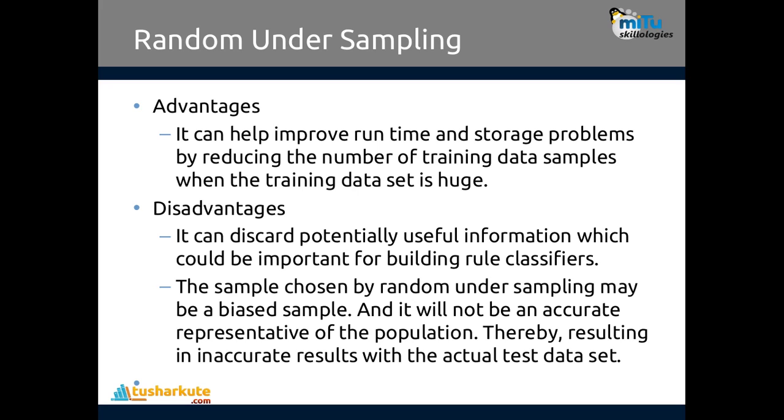Because we select randomly, random selection can cause a drastic loss of data also. The sample chosen by random undersampling may be a biased sample and will not be an accurate representation of the population, thereby resulting in inaccurate results with the actual test data set. That's a problem in random undersampling.